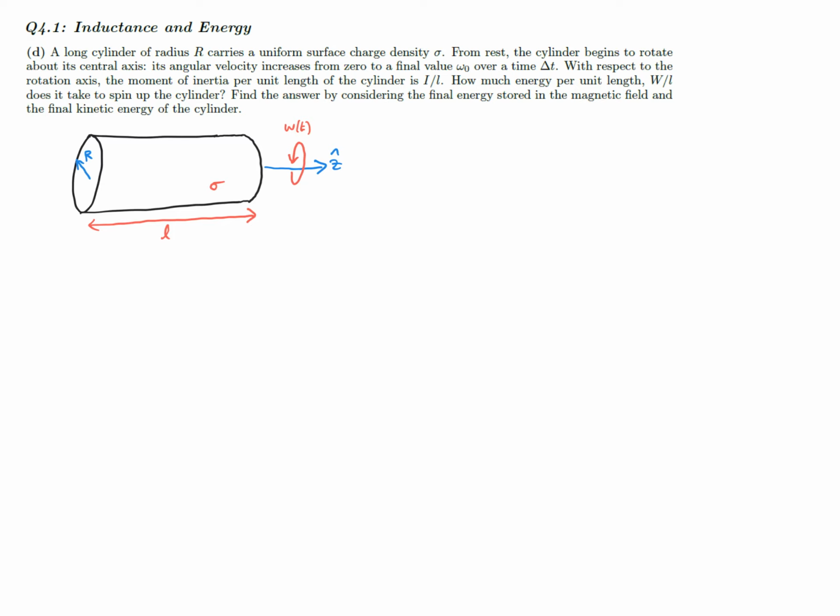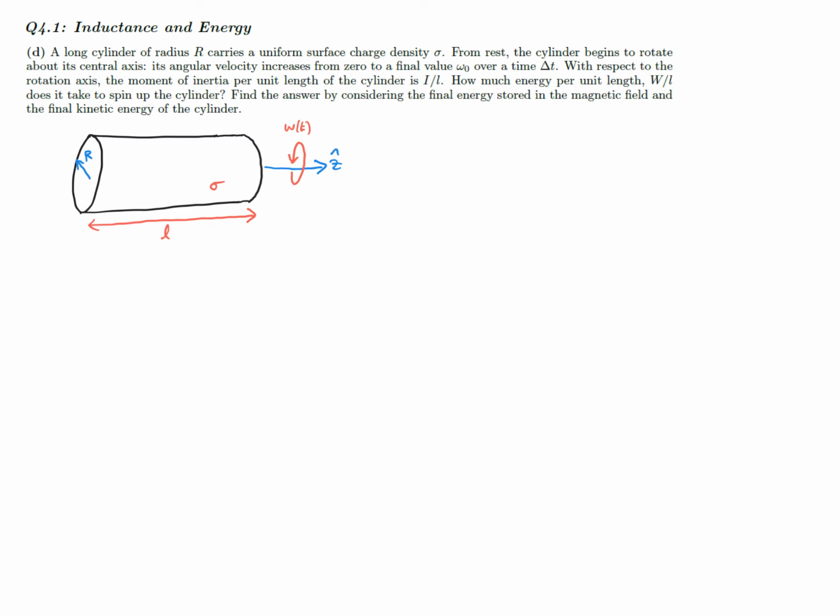So it begins at rest, but then it starts to rotate. The cylinder begins to rotate around its central axis. Its angular velocity increases from 0 to a final value of omega naught over a time delta t. So this is a dynamical situation with a changing omega of t and therefore a changing surface current on the surface of this cylinder.